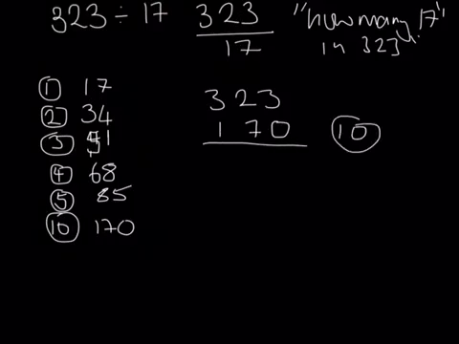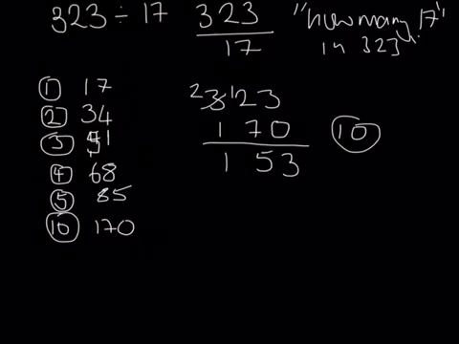I'm now going to work out, if I take that 170 away from my original 323, what's left? And let's see if I can do some better numeracy work than before. 3 takes 0, 3. 2 takes 7, let's do a bit of that. 12 takes 7 is 5. 2 take 1 is 1. 153.